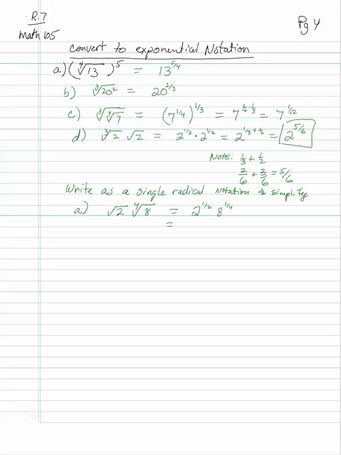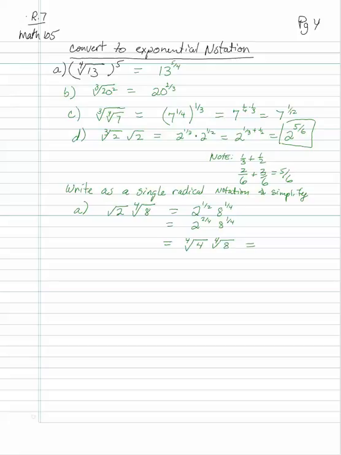So then 1/2 is going to be 2/4, so now I have common denominators. And then now I can write it back as radicals. So the fourth root of 2 squared, which is 4. The fourth root of 8.